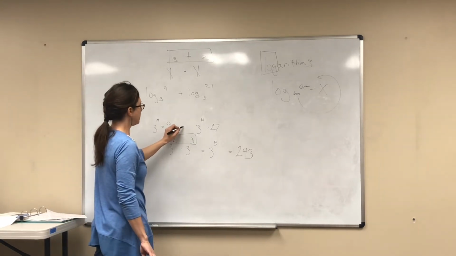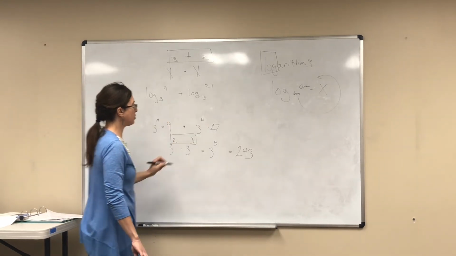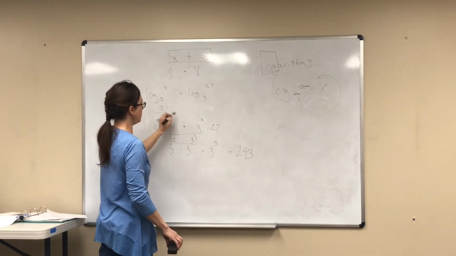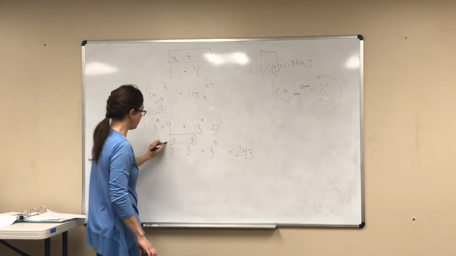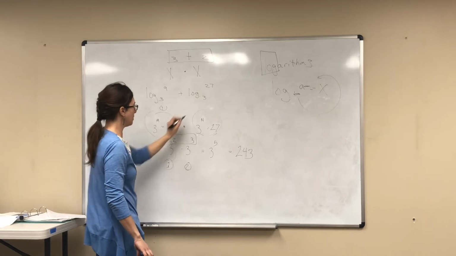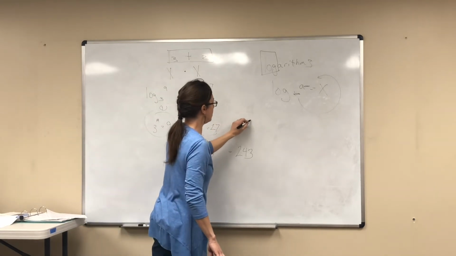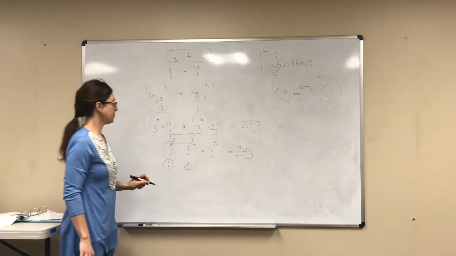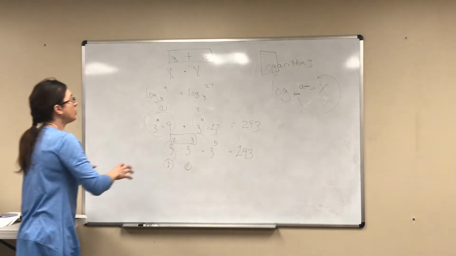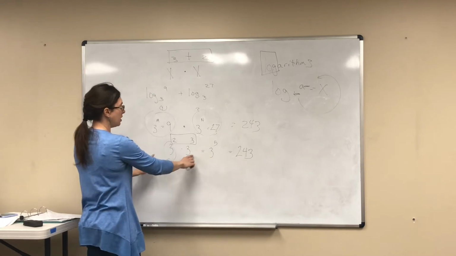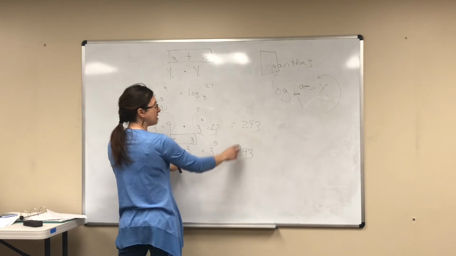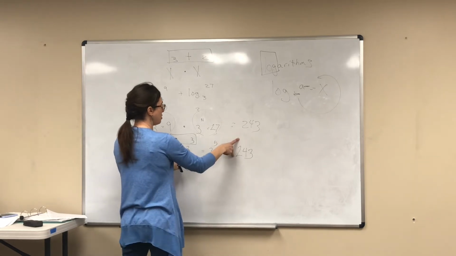Okay. What is 9 times 27? Since we've chosen to multiply these, it's number 1 multiplied times number 2. So we have number 1 multiplied times number 2 equals 243. Okay. So when our base is the same, if we multiply them, we add our exponents. We ended up with the same answer both directions.